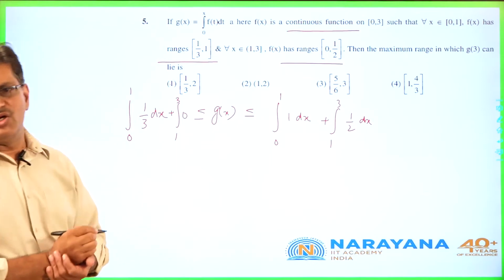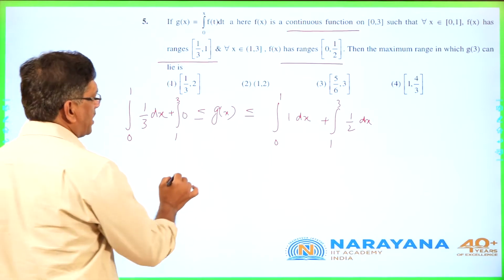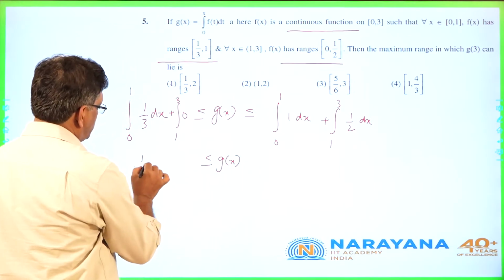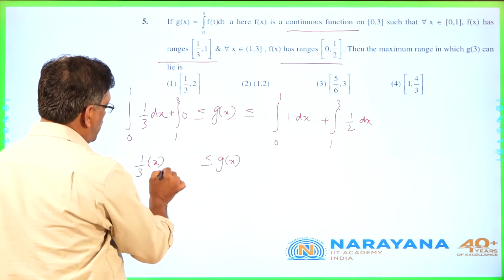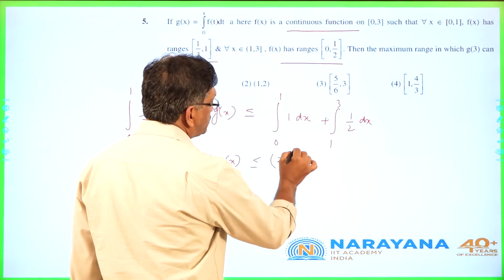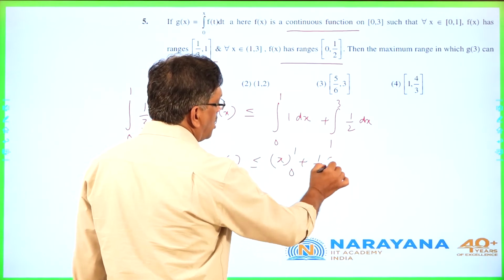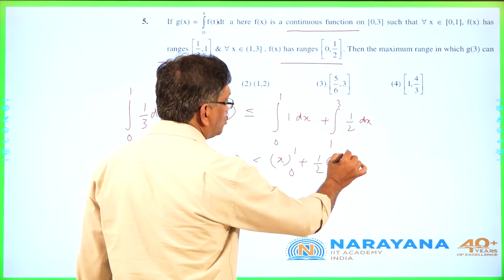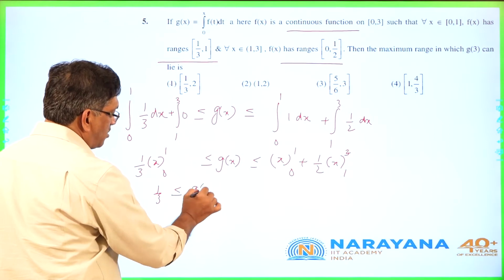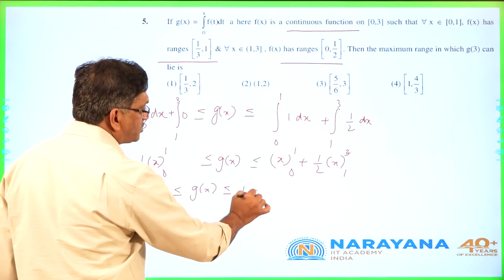As it is a continuous function, lower limit, upper limit. So it is g of x, this is 1 by 3 into x from 0 to 1, less than or equal to x from 0 to 1, half into x from 1 to 3, right? This is 1 by 3 less than or equal to g of x less than or equal to 1.